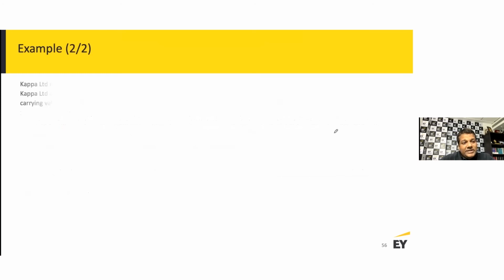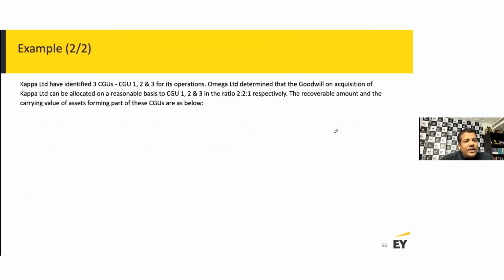Okay. It's a long question. Kappa Limited has identified 3 CGUs, 1, 2, and 3 for its operations. And Omega Limited determined that the goodwill on acquisition of Kappa Limited can be allocated on a reasonable basis to CGU 1, 2, and 3 in the ratio of 2:1 respectively.